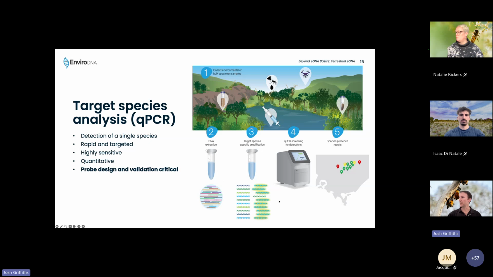And when it goes through that qPCR and amplification process, we then get positive or negative results for each of our samples, and we can map them spatially across our study area. So here we've got green is where we detected the species, red is where we didn't, and yellow are what we call possible detection. So they haven't quite hit the threshold that we require to be confident about detections, but it's potential that those species are there.